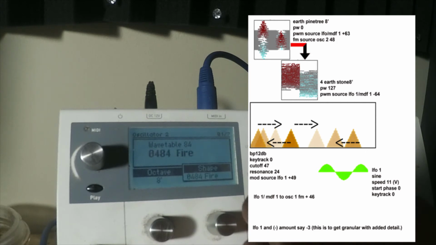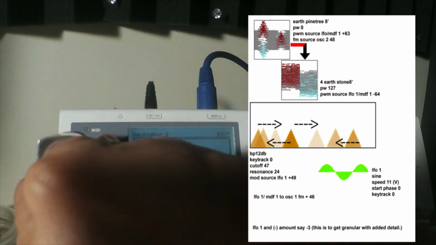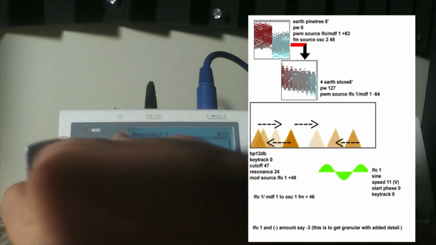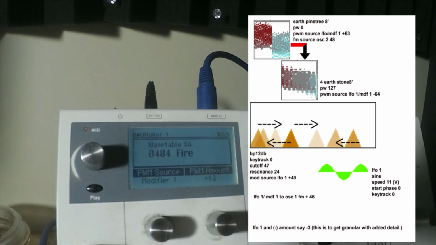So let's switch this up. Melt some ice. You have that modifier set up on the pulse width source. Because you notice it says LFO1 or modifier 1, because LFO1 is in modifier 1.